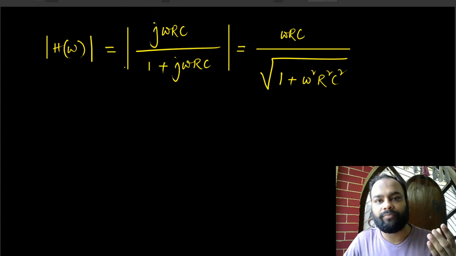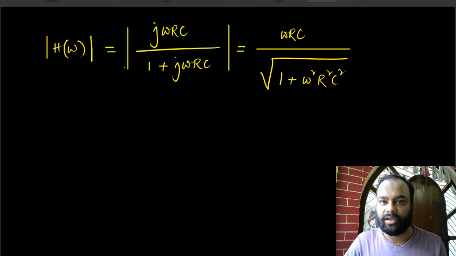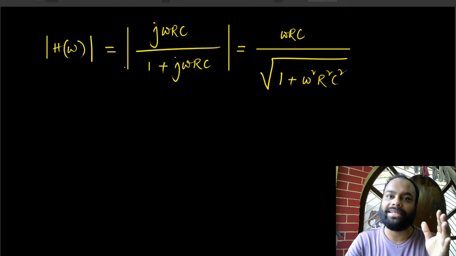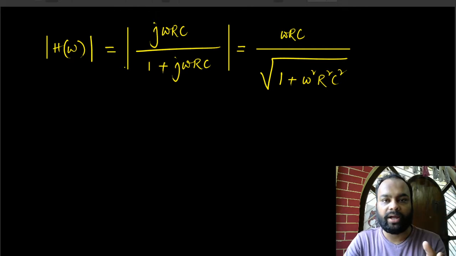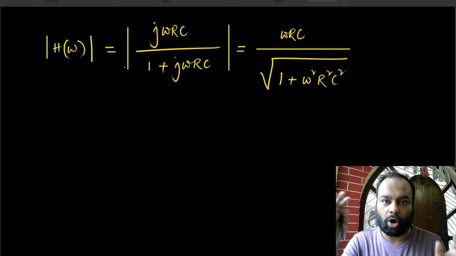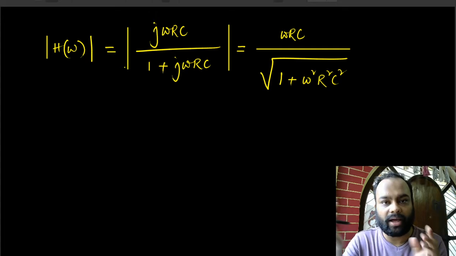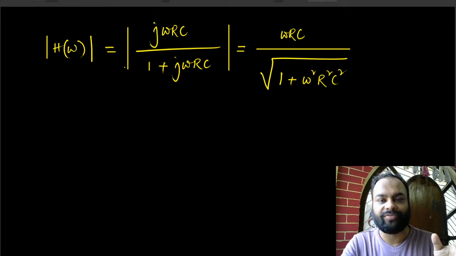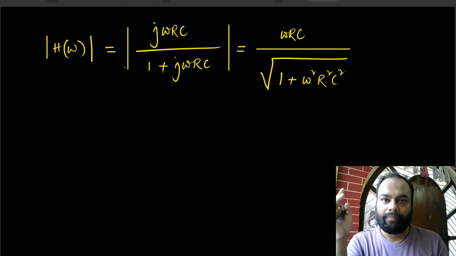So if I apply sinusoids of different frequencies, because at the end of the day, any signal, as long as it is bounded and satisfies the Dirichlet conditions, can be considered to be a composition of sinusoids. Any arbitrary signal can be considered to be a sum of sinusoids of different frequencies. So that's the idea here.